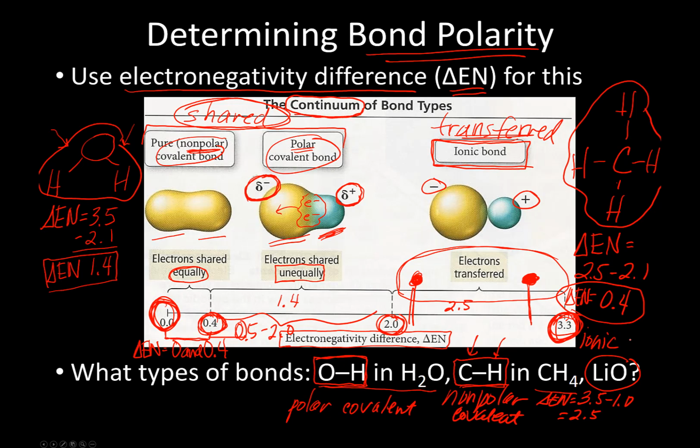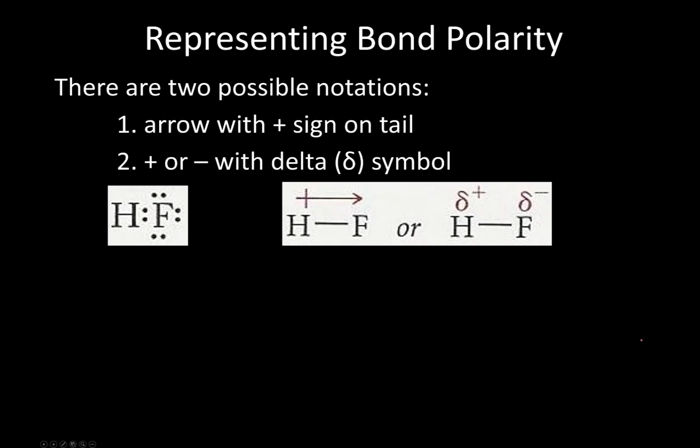They're two different things. So, representing bond polarity. There are two possible notations. Here's the Lewis dot structure for hydrogen fluoride. The chemical formula would be HF. We're going to learn how to draw Lewis dot structures in a little bit. To denote polarity, you can do an arrow with a plus sign on the tail. So here's the plus sign.